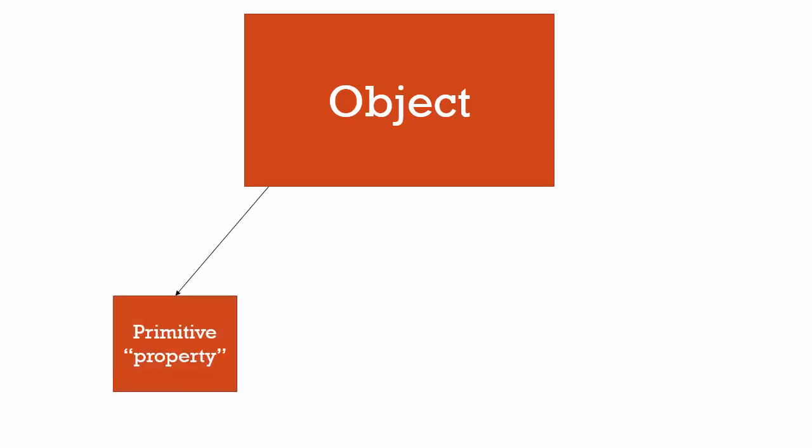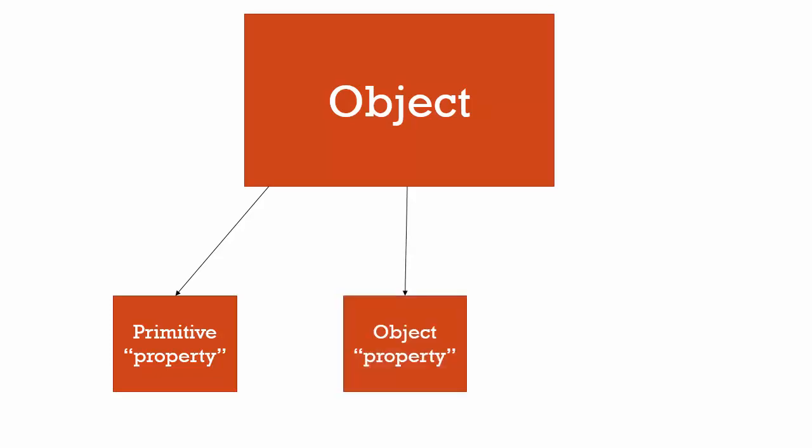Well, an object can have properties and methods. So an object can have a primitive sitting off of it, and that would be called a property. Remember those primitive types that we talked about. So any one of those, like a Boolean or a number or a string. An object could have another object connected to it as a child, so to speak. And this is also considered a property.